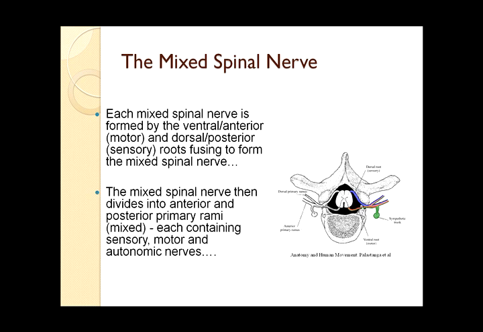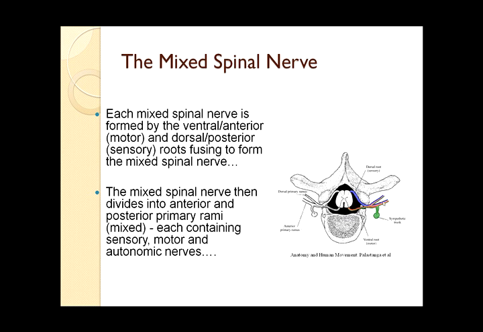The mixed spinal nerve then continues peripherally, and it then divides into branches, an anterior branch and a posterior branch, the anterior primary ramus and the posterior primary ramus. And each of the rami, each of the branches, is mixed, containing sensory, motor and autonomic nerves.